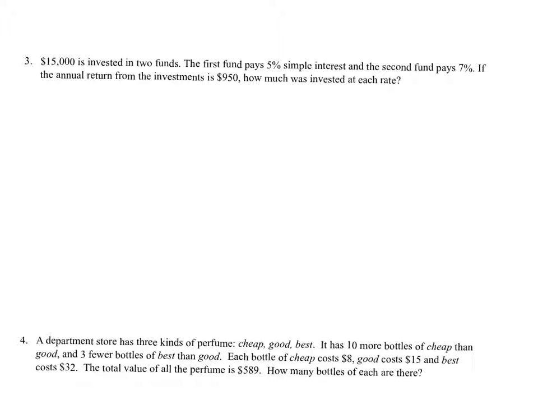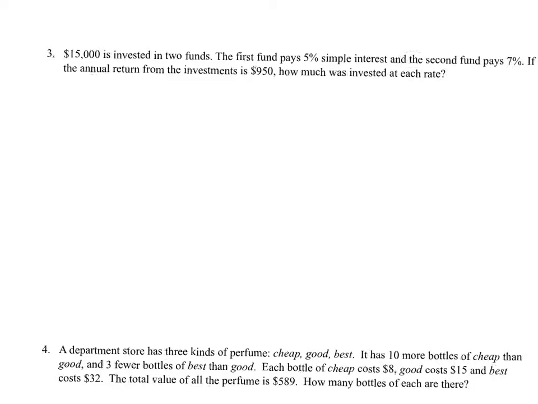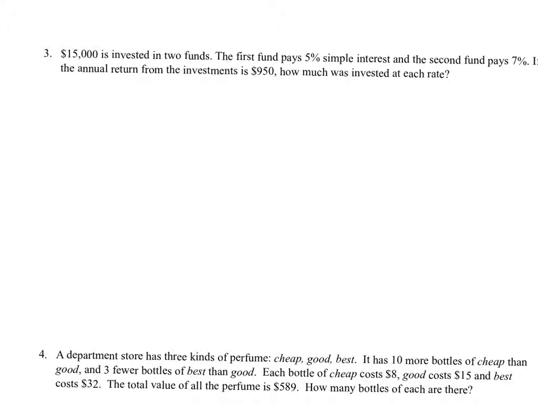So when you look at a problem like this, the basic formula is essentially the amount that you invest times the interest rate, which is going to be a percentage, and then you can express it as a decimal.